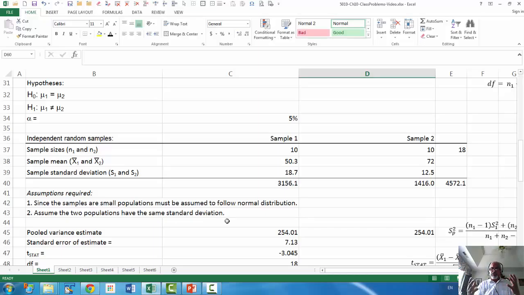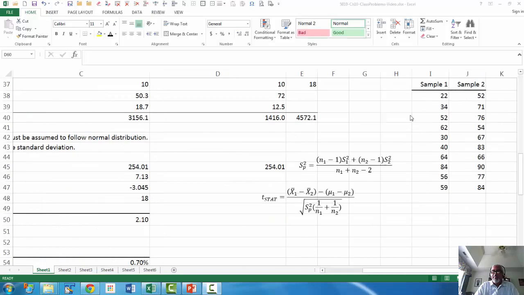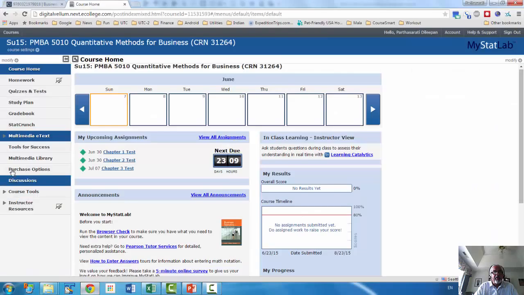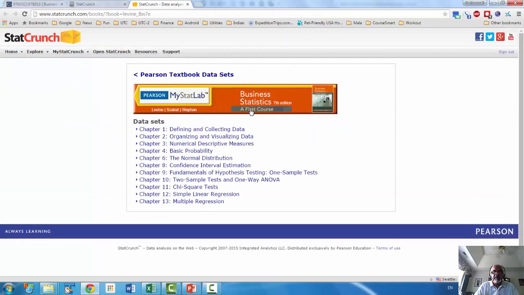One thing you can do is prepare some visual charts, one chart being a box plot for the two samples. So let's do the box plots for these two samples, and we will go to StatCrunch from my StatLab website. So let's go to the website. The data set for this is available from the textbook, so we'll click that.